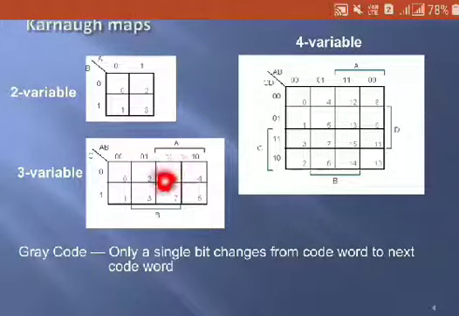After that, what you are writing is M6, because for two variables after 0 0, 0 1, the gray code coming will be 1 1. So 1 1 0 corresponds to M6 and 1 1 1 corresponds to M7. Similarly, after 1 1 you will be getting 1 0. So 1 0 0 corresponds to minterm 4 and 1 0 1 corresponds to minterm 5. So this is how you define a three variable K-map.